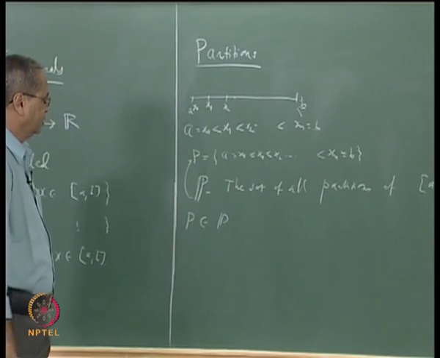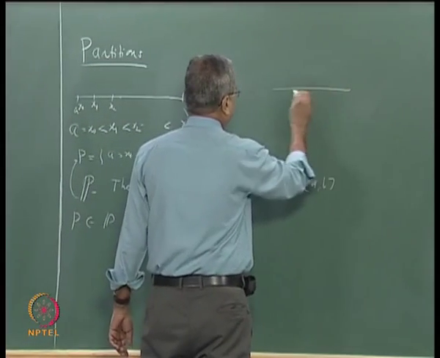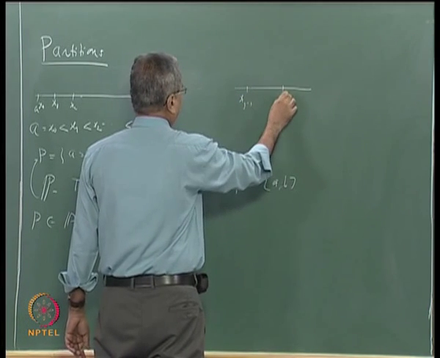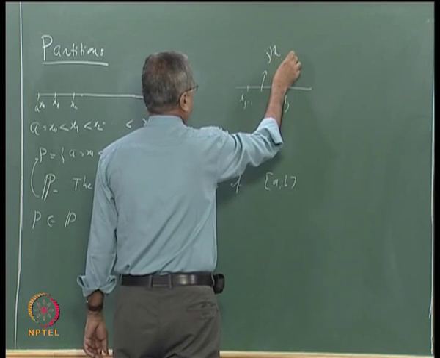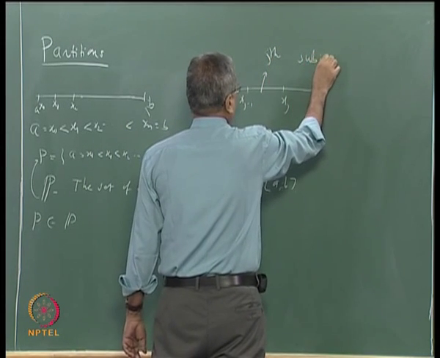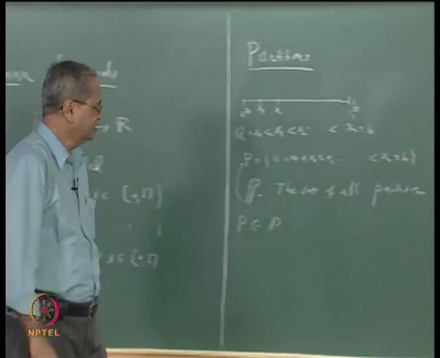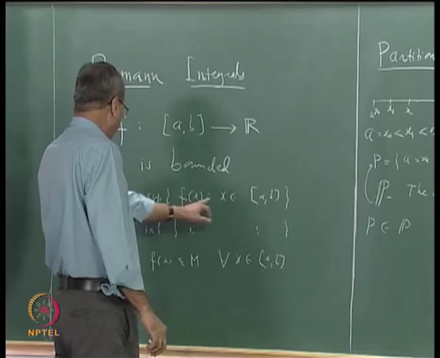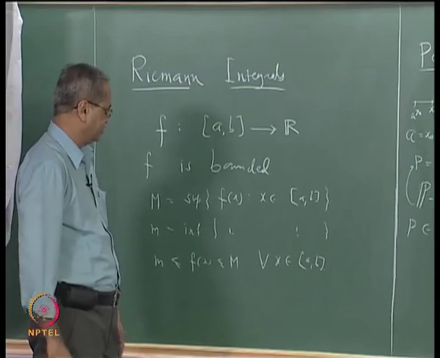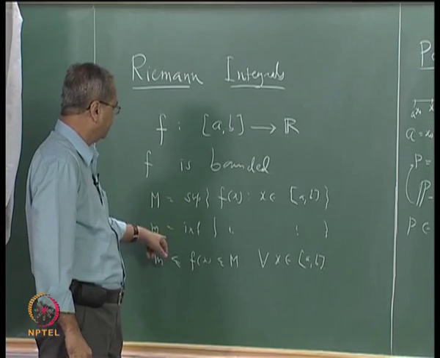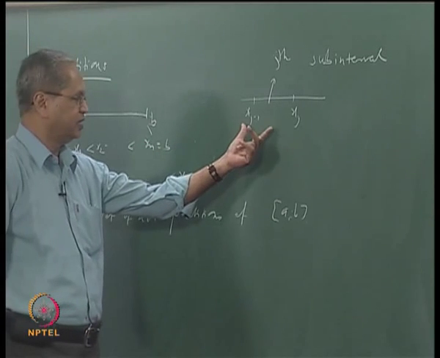For such a partition we look at this interval from xj minus 1 to xj, which is called the jth subinterval. There are n such subintervals. Whatever we have done for the full interval, we also do the same thing for each of those subintervals. That is, we look at the supremum and infimum, this time not over the whole interval [a,b], but just over the subinterval from xj minus 1 to xj.